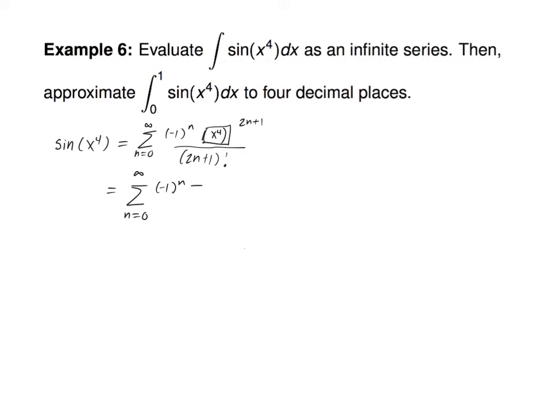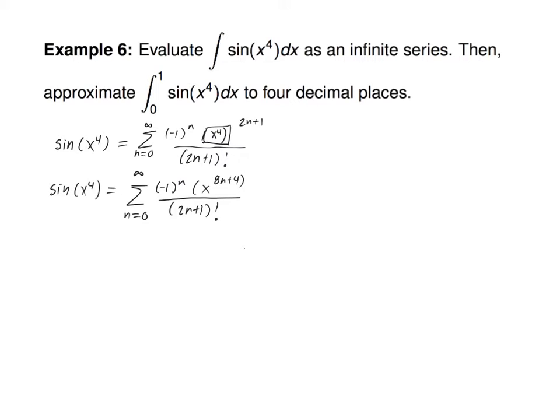Okay. And then what happens to those exponents? x to the 8n plus 4 over 2n plus 1 factorial. So, take the integral of this.